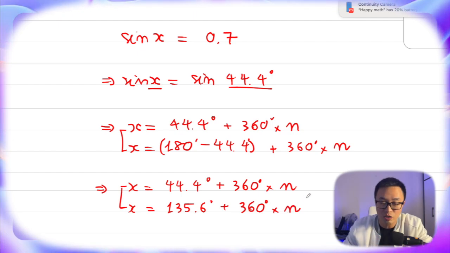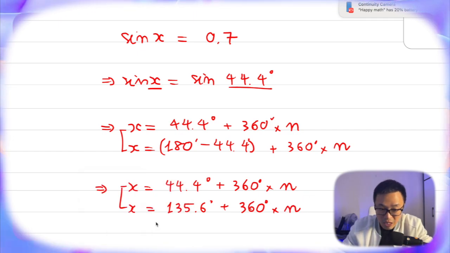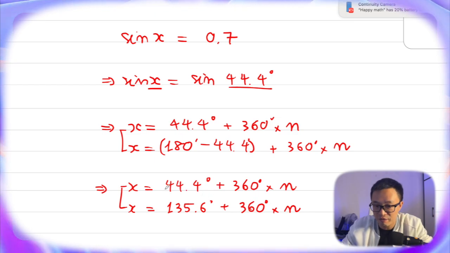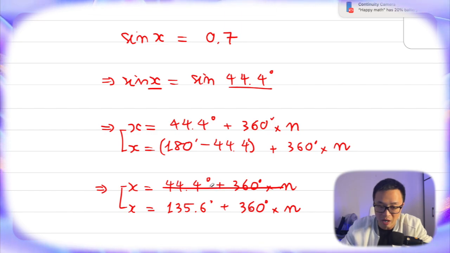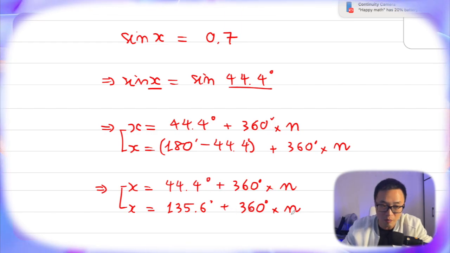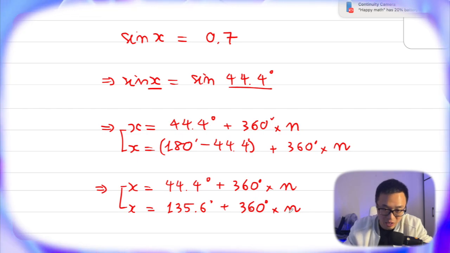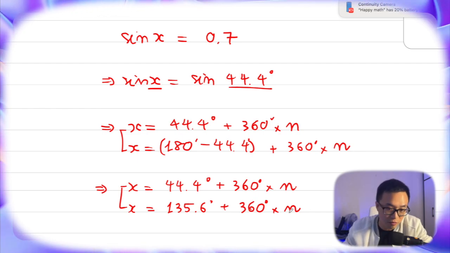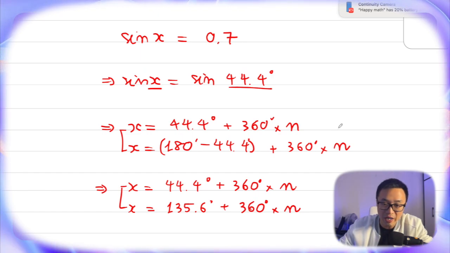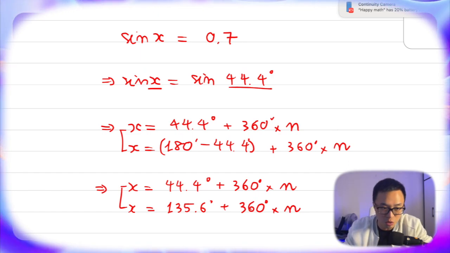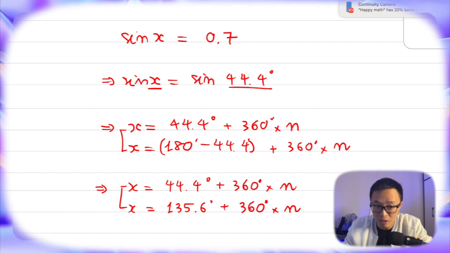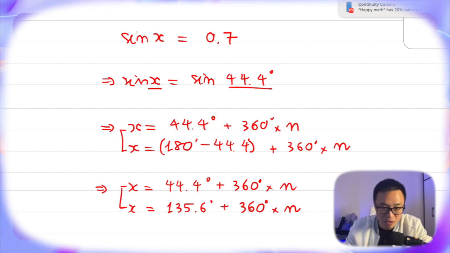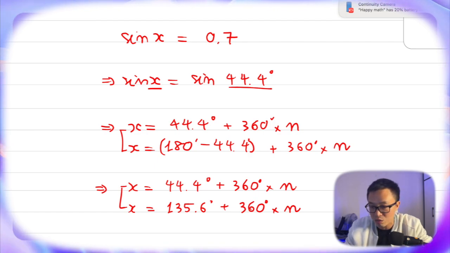You get two solutions. The first solution is not one angle. We have infinitely many angles because n may represent 1 round, 2 rounds, 3 rounds, or maybe the inverse direction: n equal to minus 1, minus 2, minus 3. So you get infinitely many solutions for this question. But by using this method, you don't need to use the unit circle, only algebra. Remember the trigonometric formula for sine x equals sine of something.